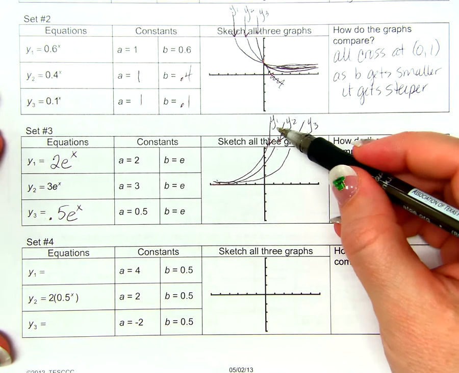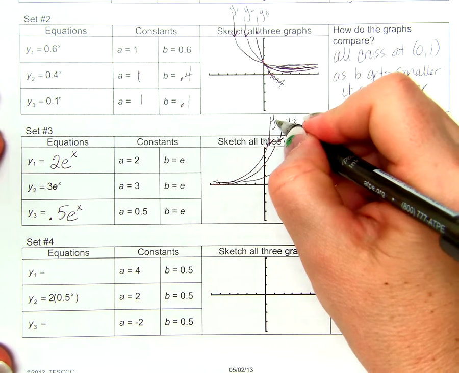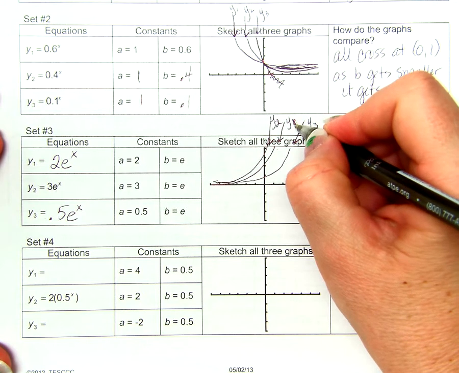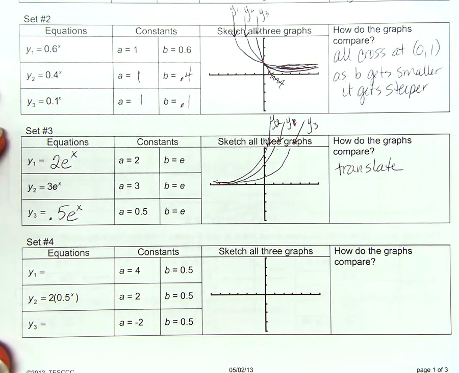So which one is this? Y sub 2? And this is y sub 1? Does that make more sense? I know. It's okay. I just want us to all be confident that we're right. That's why I asked if you were sure.